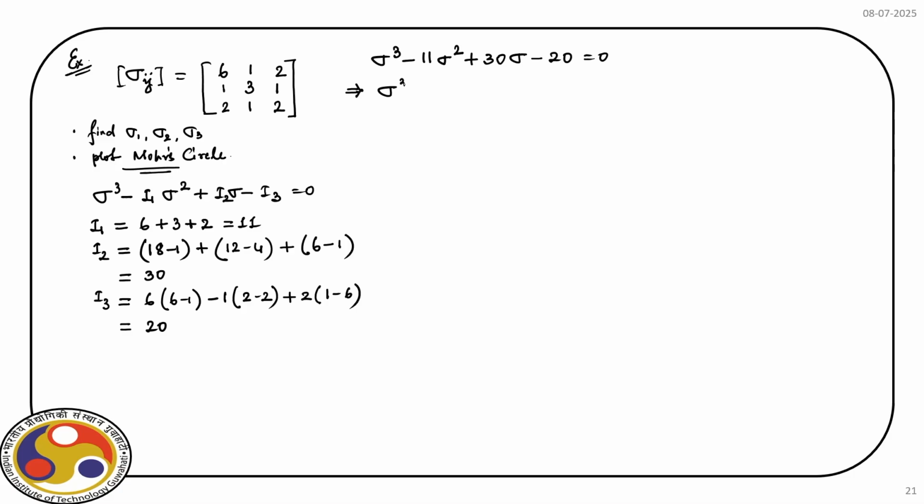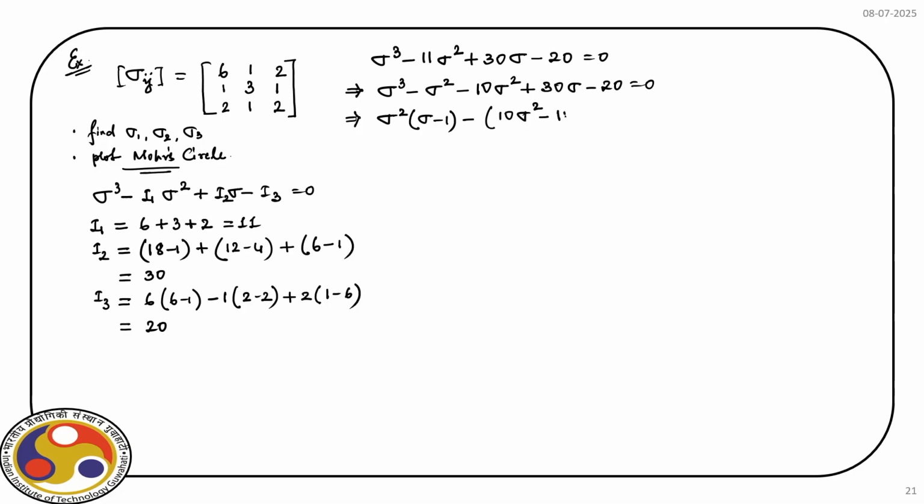So, we do that. Sigma cube minus sigma square, then minus 10 sigma square, because we take 1 sigma square here, plus 30 sigma minus 20 is equal to 0. If we take sigma square common, we have sigma minus 1, then minus 10 sigma square. Then if we take minus common, so the second term will have minus.